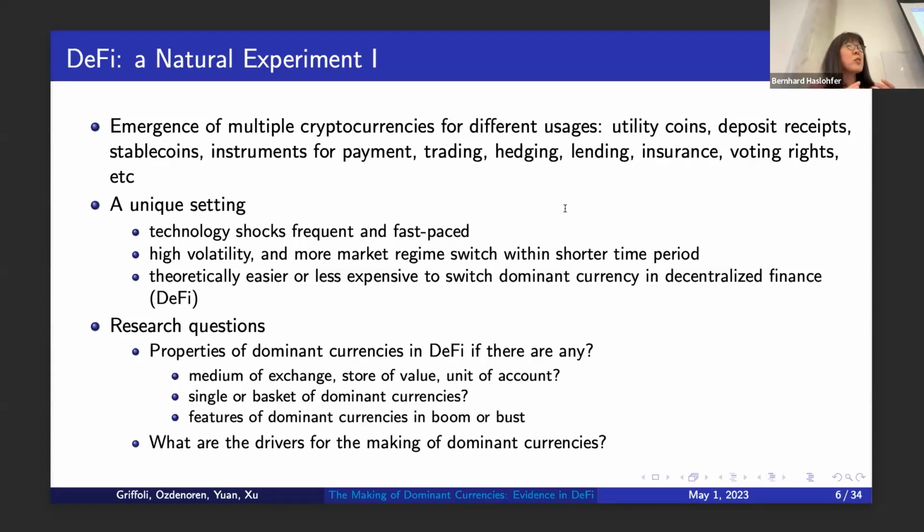And we look at whether there's only one or a basket of dominant currencies, whether there will be frequent regime switches among these dominant currencies, and what the features of a dominant currency are in boom or bust. There are various other properties. And we also want to see, to make a currency dominant, what the potential drivers are. So that's basically the research question.